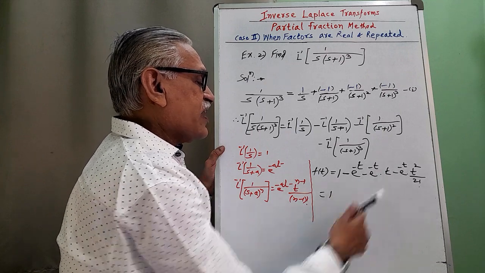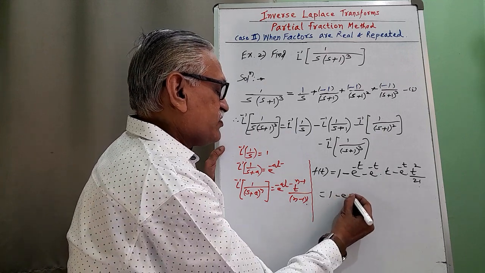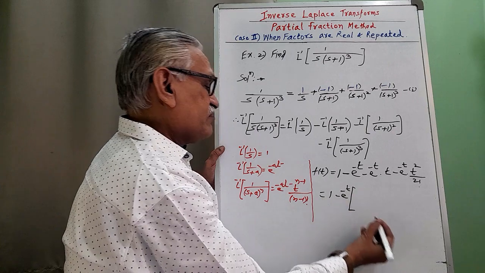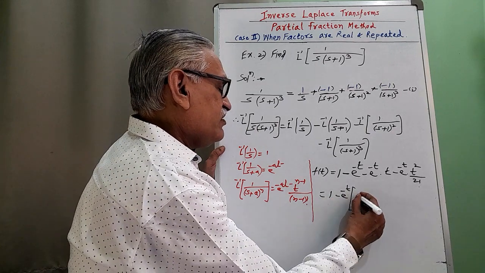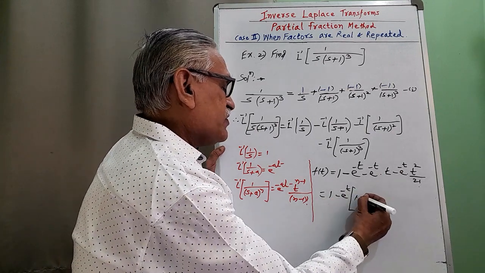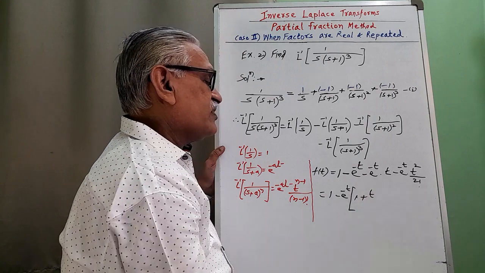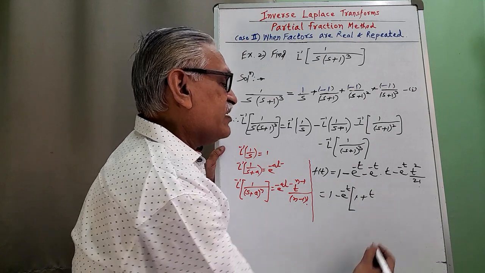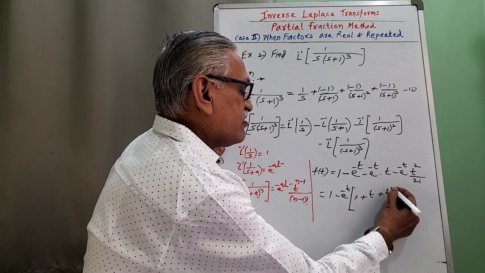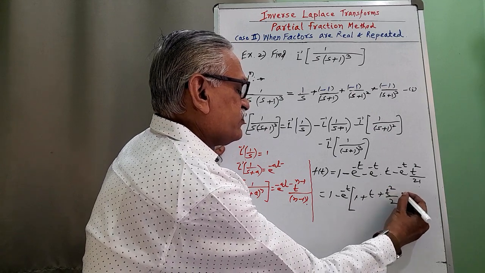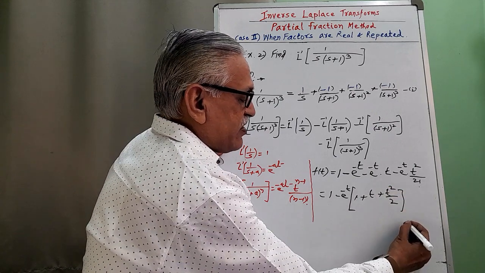From all these three terms, I can take minus e raised to minus t common. Here it is 1. Next one is plus t. And here it is t square by 2 factorial is 2. This is the required answer.